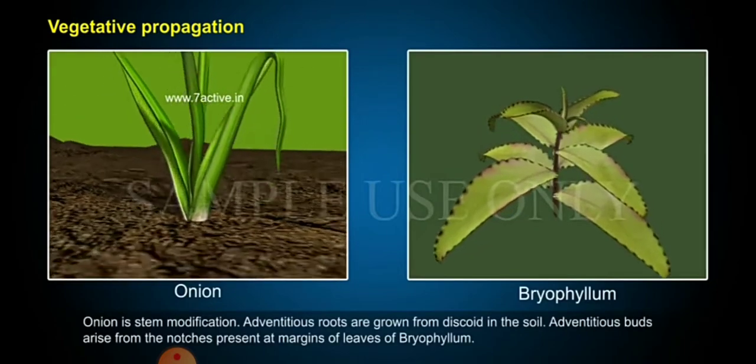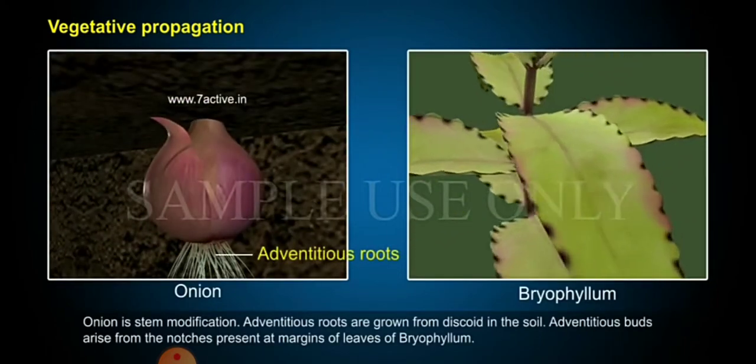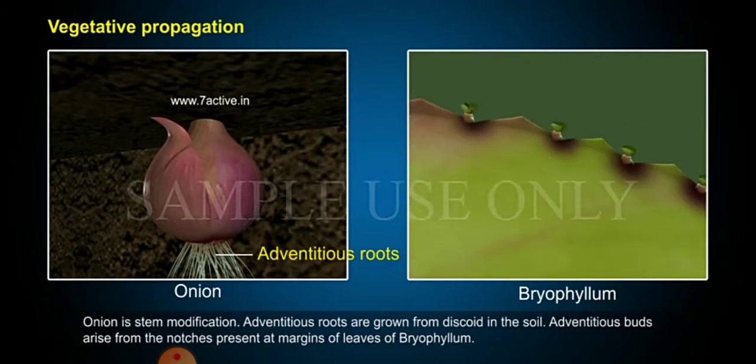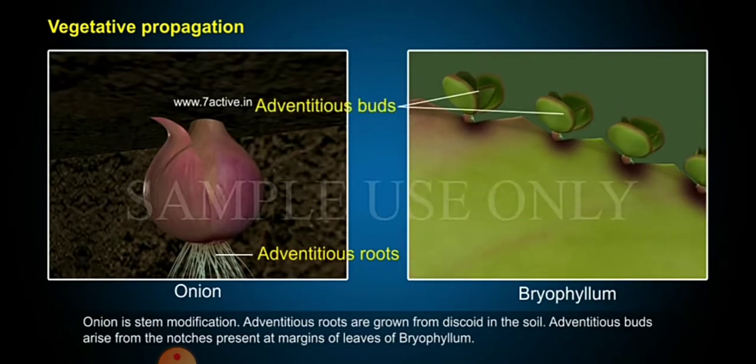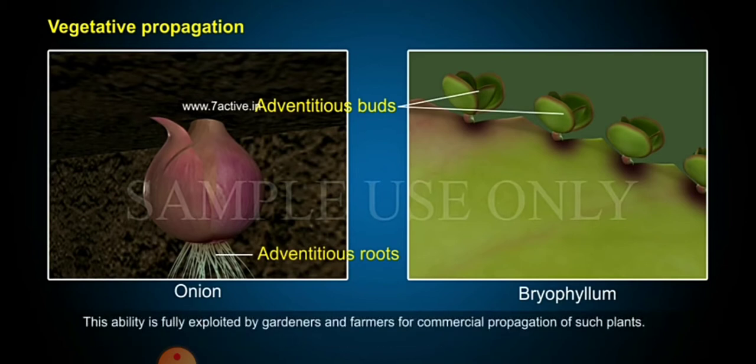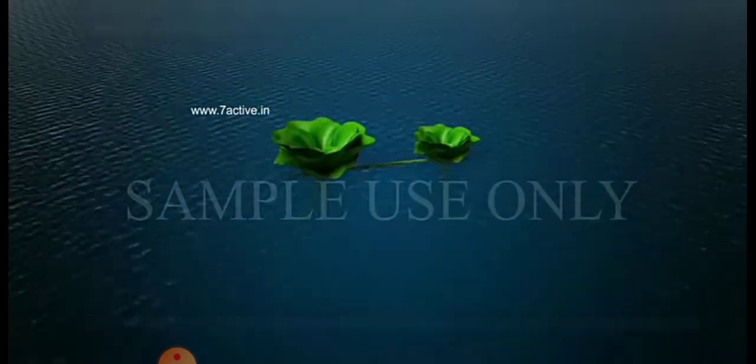Onion is a stem modification. Adventitious roots grow from the disc in the soil. Adventitious buds arise from the notches present at the margins of the leaves of Bryophyllum. This ability is fully exploited by gardeners and farmers for commercial propagation of such plants.